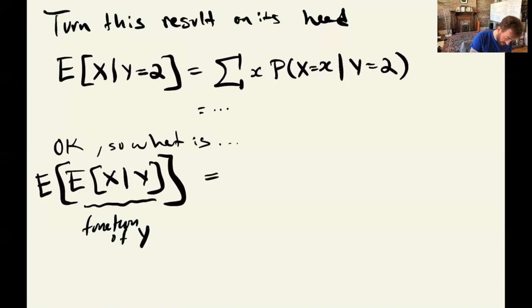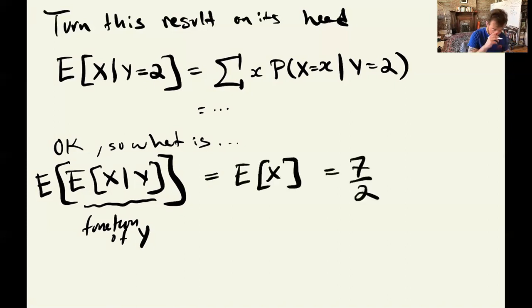Well, by the law of iterated expectations, this actually ends up being the same thing as the expected value of x, which we already know is 7/2. And that's what I meant when I said, let's turn this result on its head.